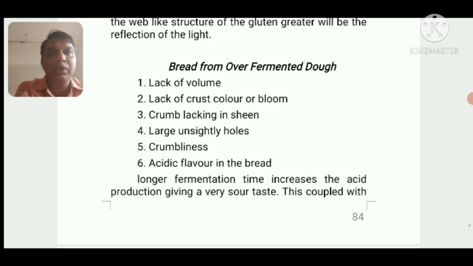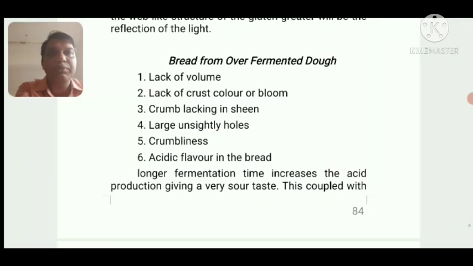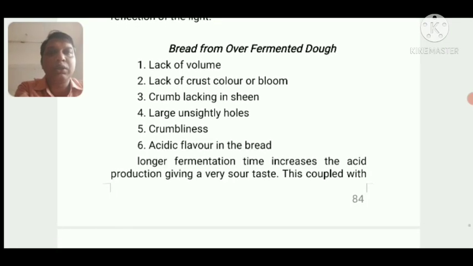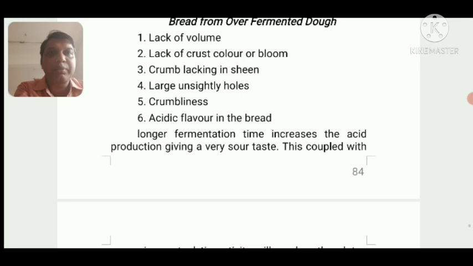Or somewhere we have forgotten to put salt, or something that allows the bread to control the yeast working. So what happens again? Lack of volume, because over fermentation leads to the finishing of all the physical structure, and the maximum CO2 is produced, and this CO2 leads to the lack of volume.